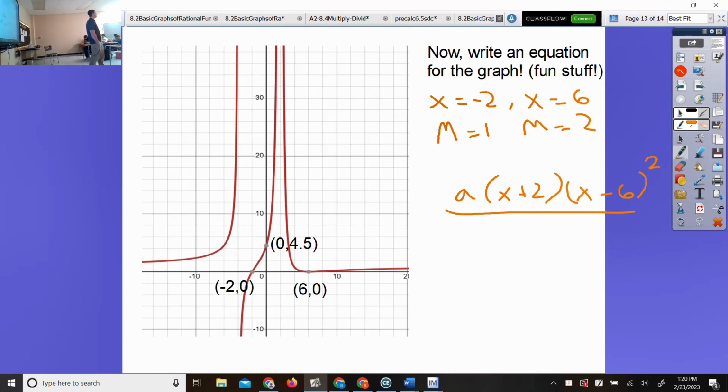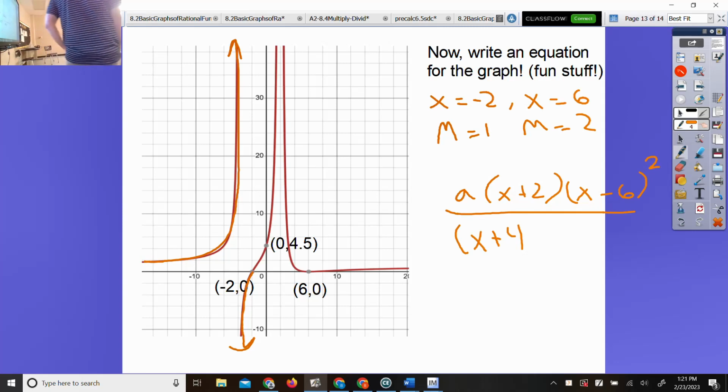From your vertical asymptotes. You had one at -4. What's the factor? X plus 4. That one is going high on the left side of the asymptote, and low on the right-hand side. Opposite direction, so the exponent is 1.